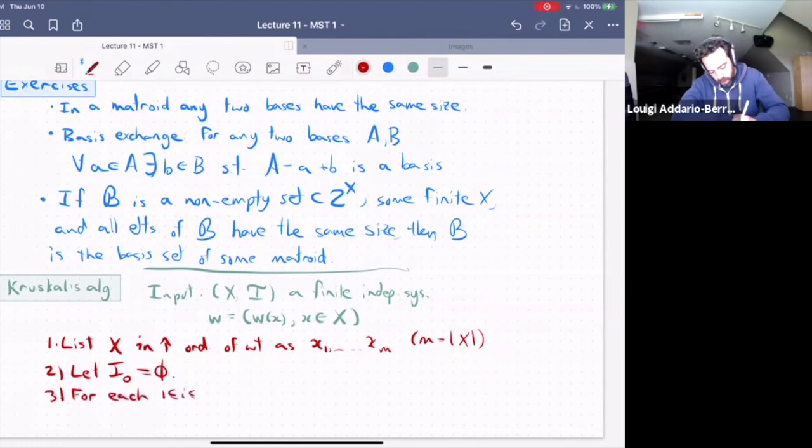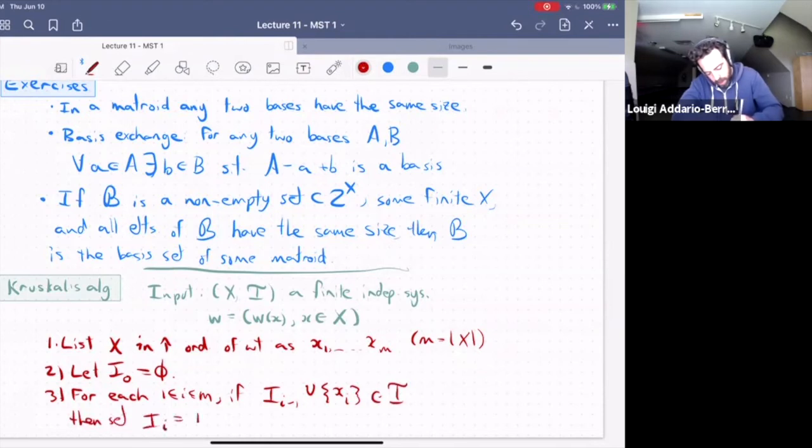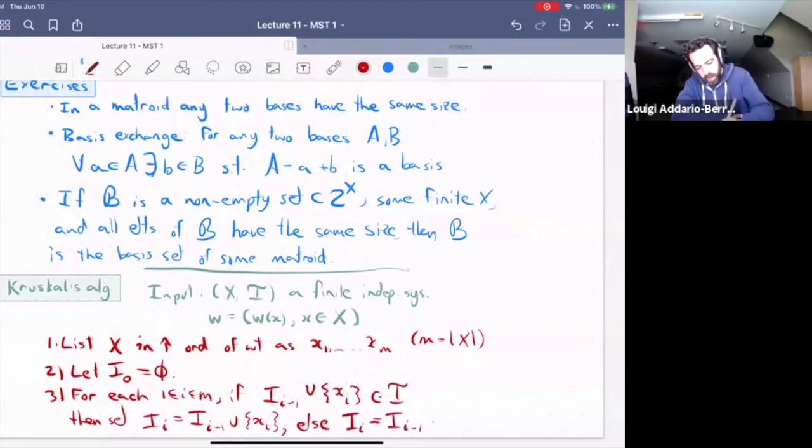For each i from 1 to m, if we can add xi to the independent set we've built so far, so that it's another independent set, then we add xi: we set I_i to be I_(i-1) union xi. Otherwise we don't add it, so I_i is equal to I_(i-1). Finally, we output what we get at the end, I_m.